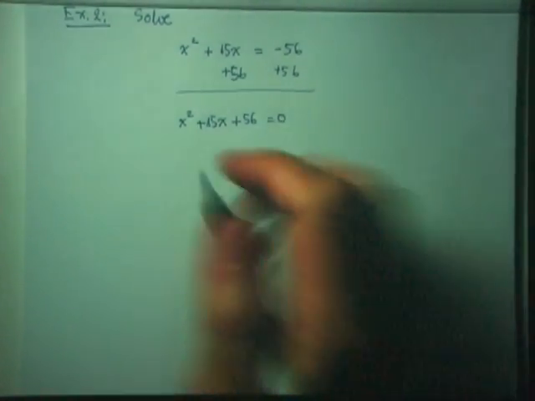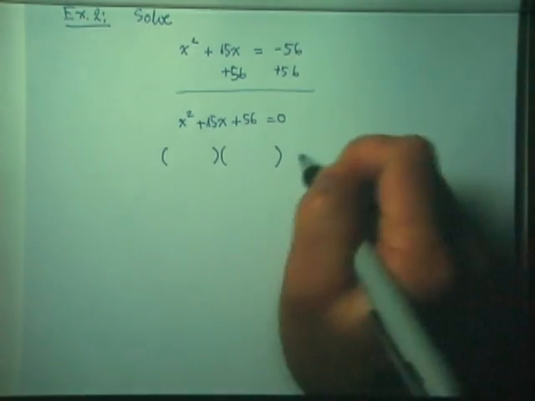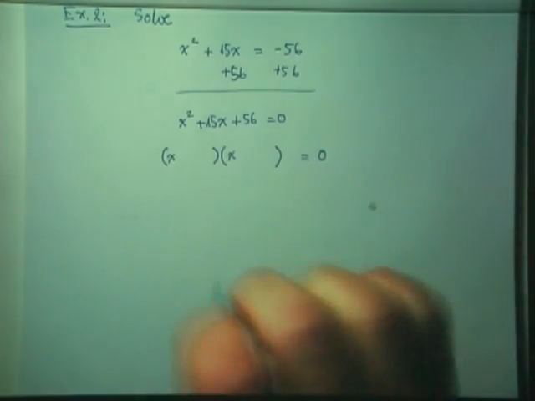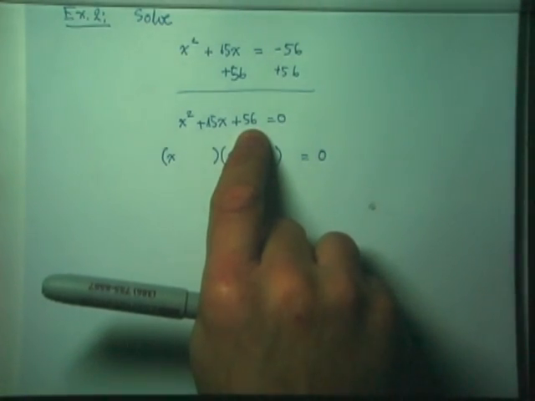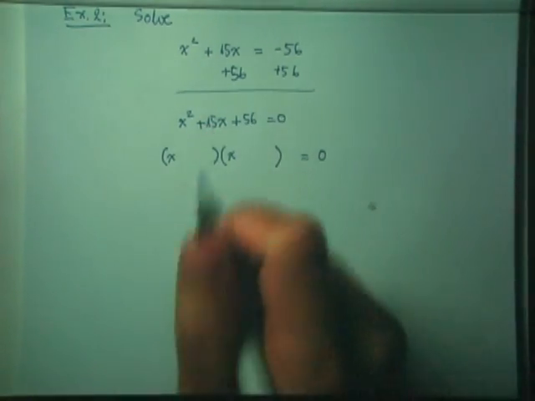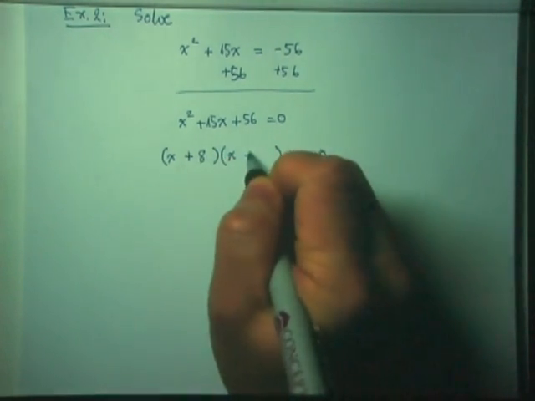Back to the factoring problem. Once again I need two pairs of parentheses, putting an x here and an x here. I'm going to look for the two factors of 56, including sign, that sum to 15. The two numbers would be positive 8 and positive 7.